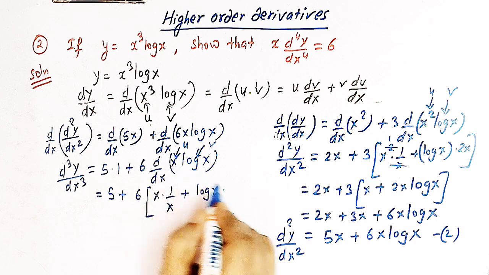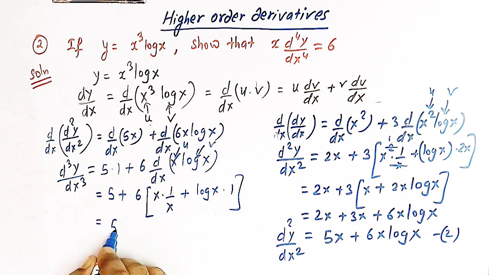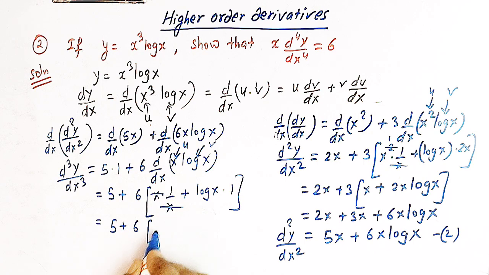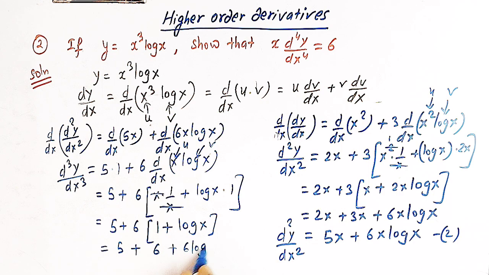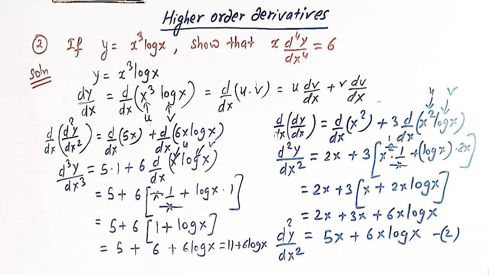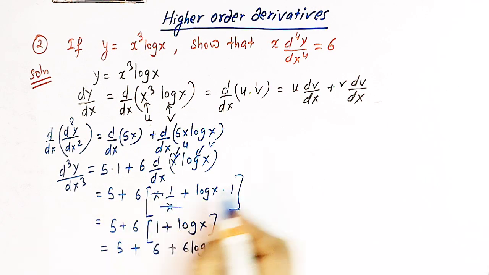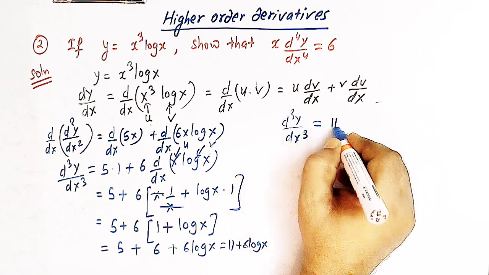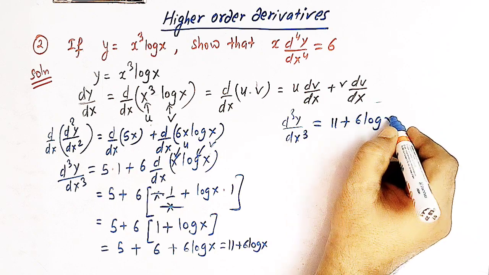So now this is 5 plus 6, and here x and x get cancelled. We are left with 1 plus log of x. So this is 5 plus 6 times 1 is 6, plus 6 log x. So 5 plus 6 is 11, 11 plus 6 log of x, right? The third derivative is given by 11 plus 6 times log of x.